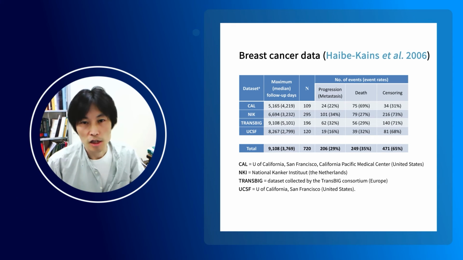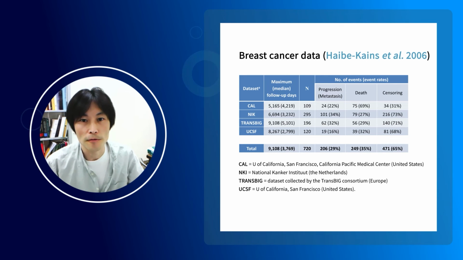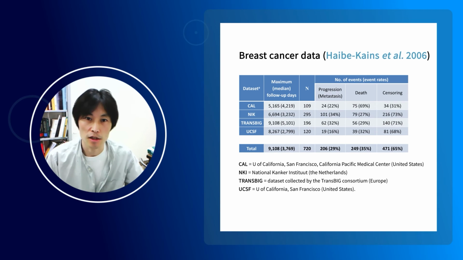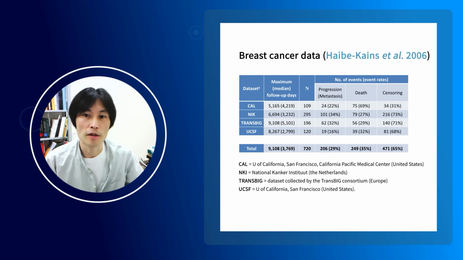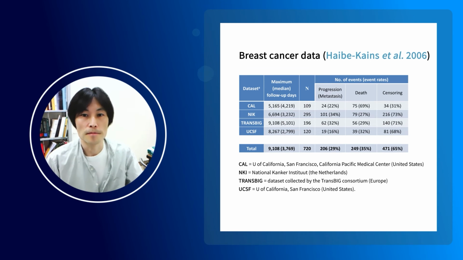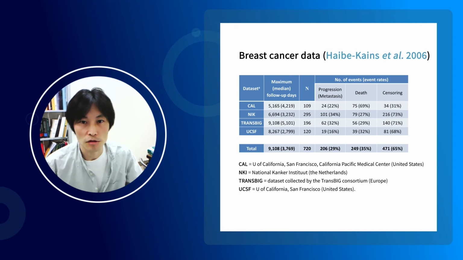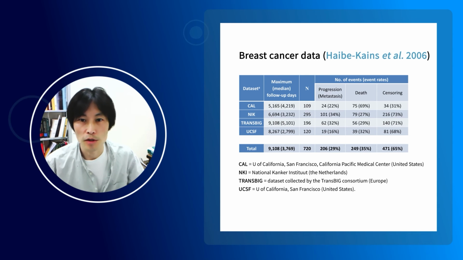The 4 studies are heterogeneous since the death rate of the first study is much higher than the other 3 studies. We account for this heterogeneity by frailty, and we also account for dependence between progression and death by a copula. So that's why we use the joint frailty-copula model to fit the data.